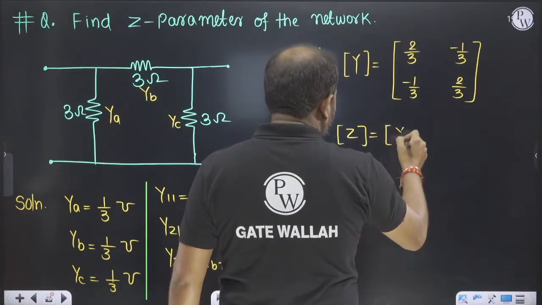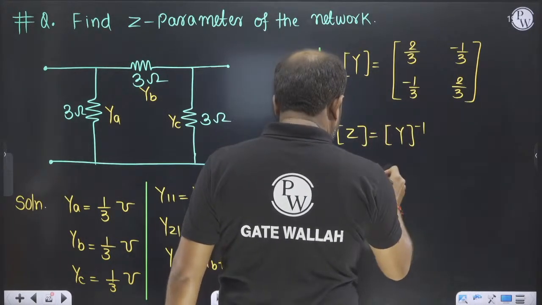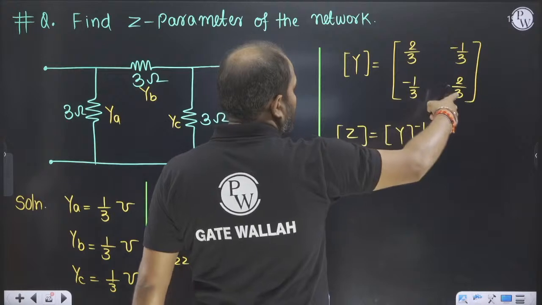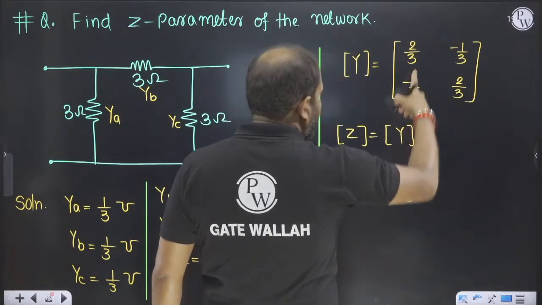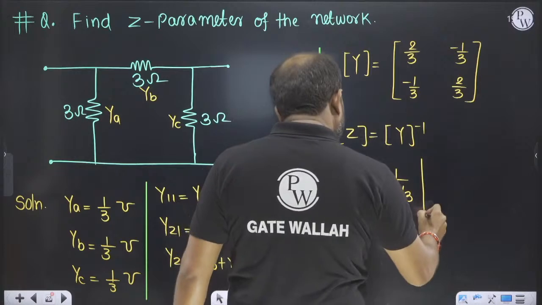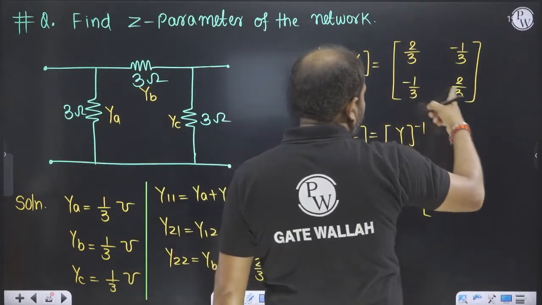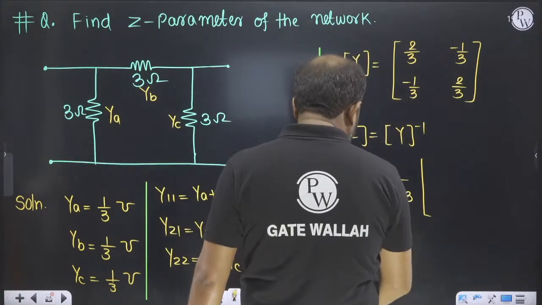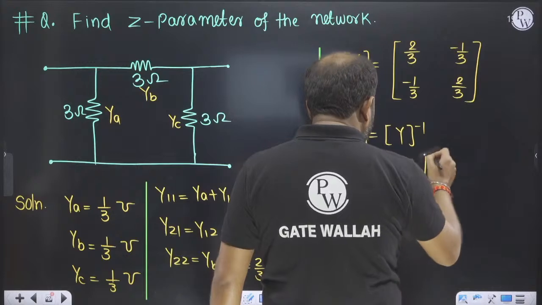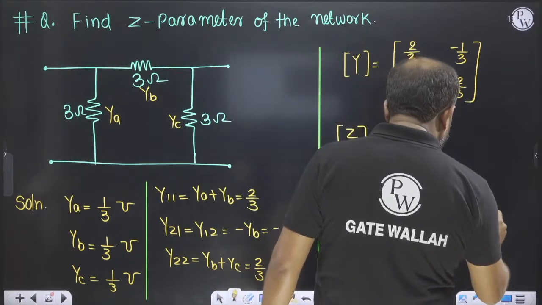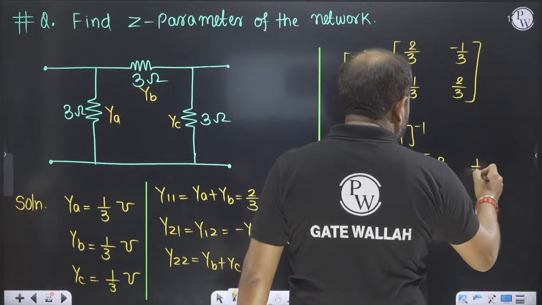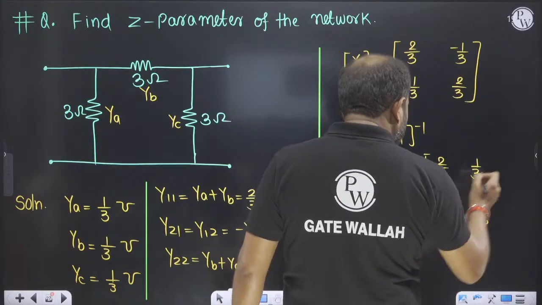Y inverse. So Y inverse will be equal to, for this, 1 by 3, the determinant of Y is 1 by 3, and second thing is we will interchange this position. So 2 by 3 and 2 by 3, and this minus will be plus 1 by 3 and 1 by 3.